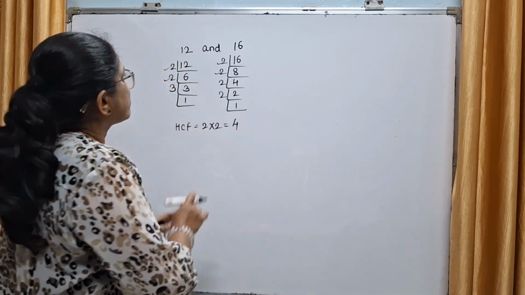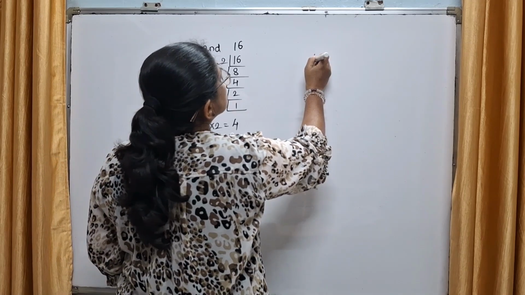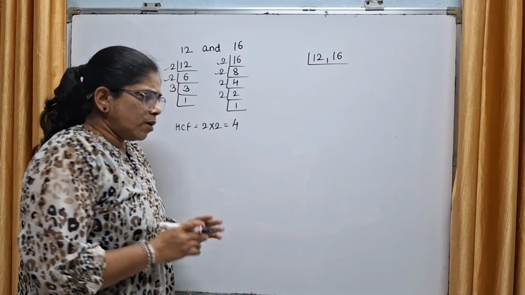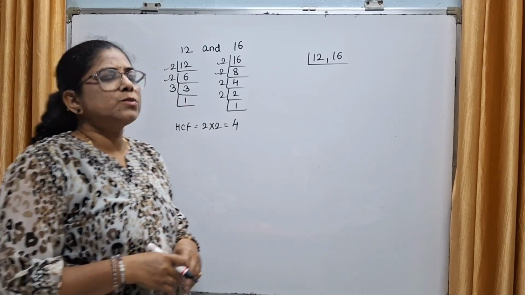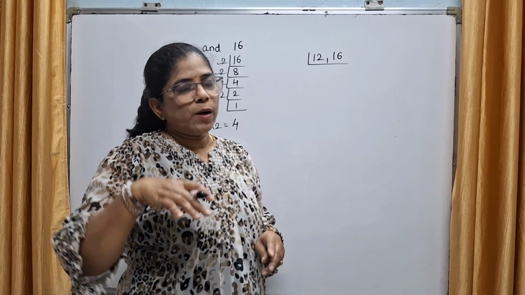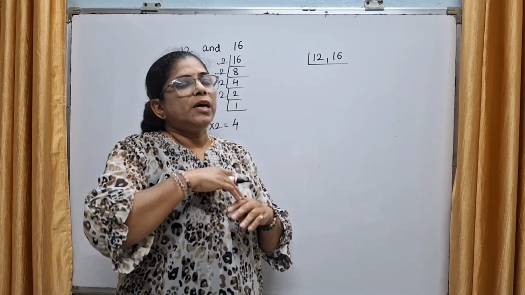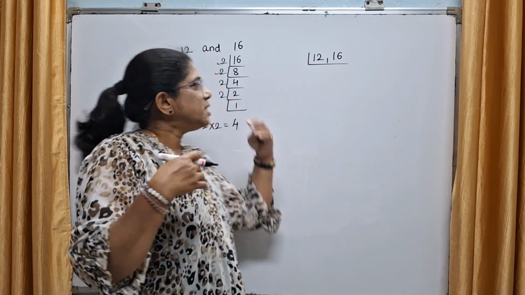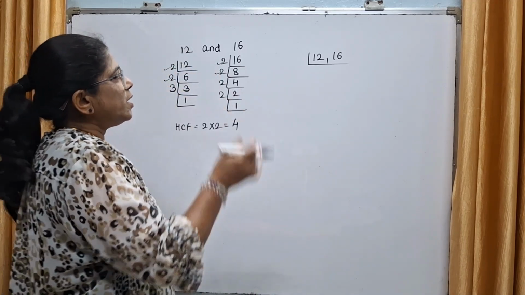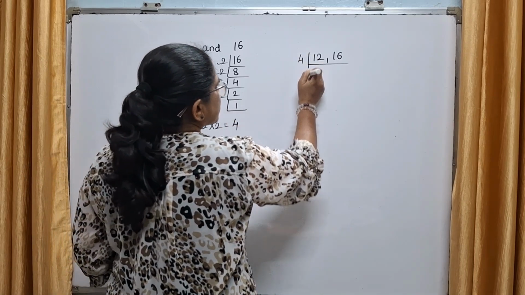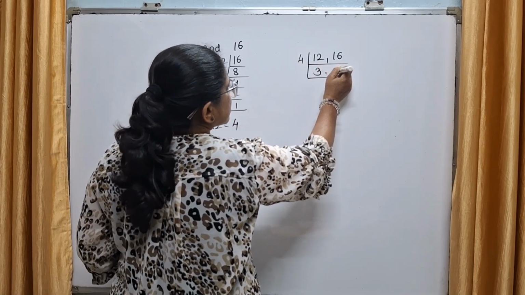Now LCM. Let's find the LCM of 12 and 16. For LCM, in higher classes, there is no hard and fast rule that we have to go by the prime factor method. We can start with any number. By any highest number you can divide and start finding the LCM. Now here 12 and 16. I'll straight away start with 4. 3, 4.